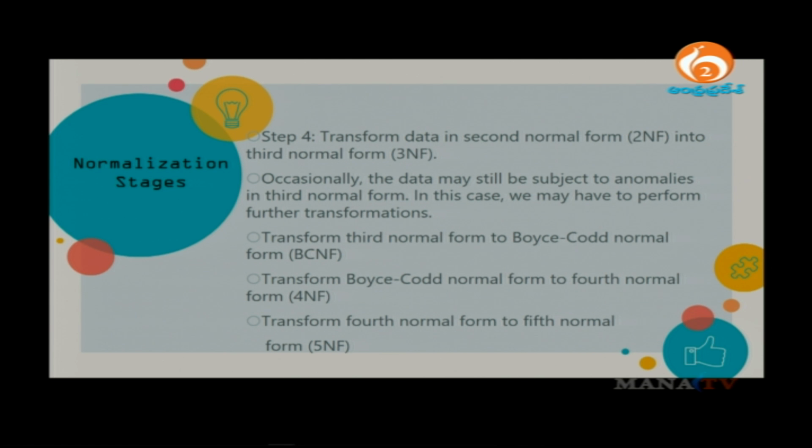And the last one is, occasionally, if the data is still not properly related, then you can go for further transformations: transfer the third normal form data into Boyce-Codd normal form, transfer the Boyce-Codd normal form data into fourth normal form, and convert the fourth normal form data into fifth normal form. Yes, do clear all these things, guys.